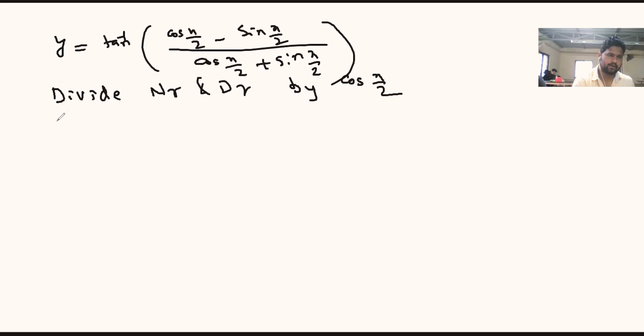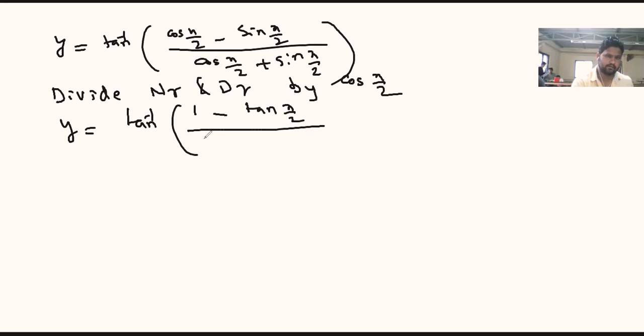So we get y is equal to tan inverse of cos x by 2 divided by cos x by 2 is 1, minus sin x by 2 by cos x by 2 is tan x by 2, divided by 1 plus tan x by 2.